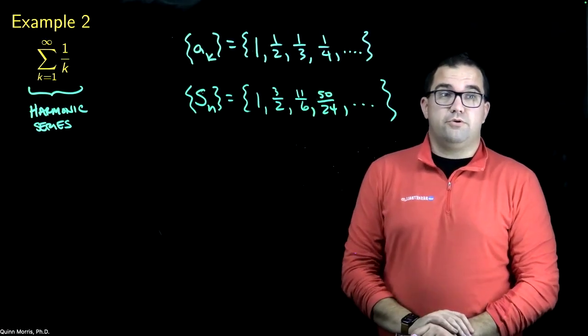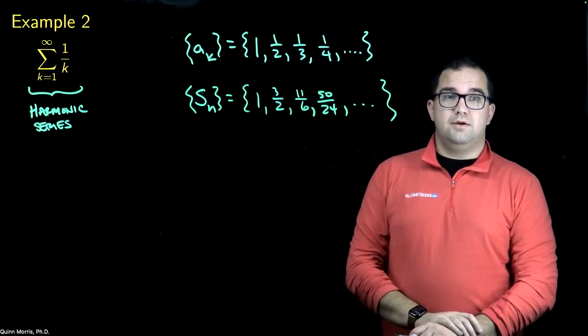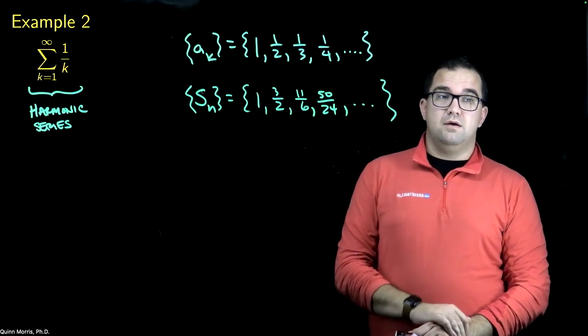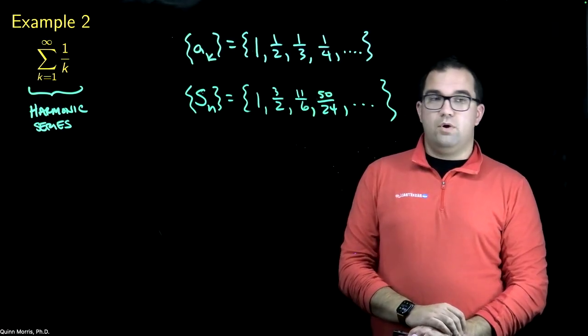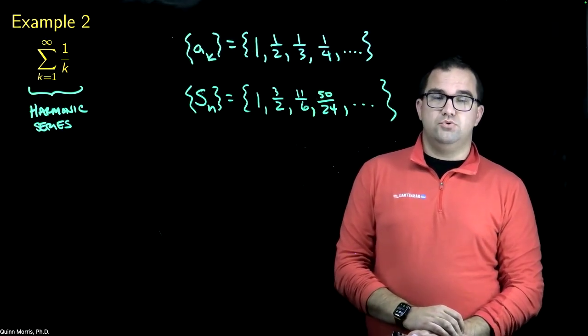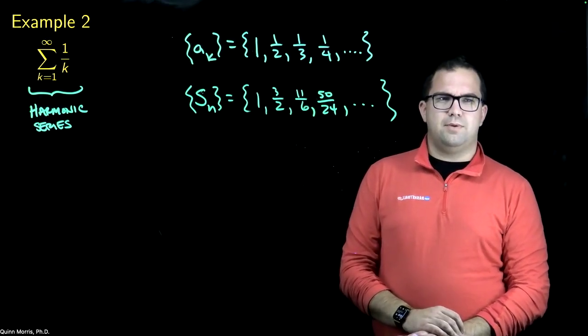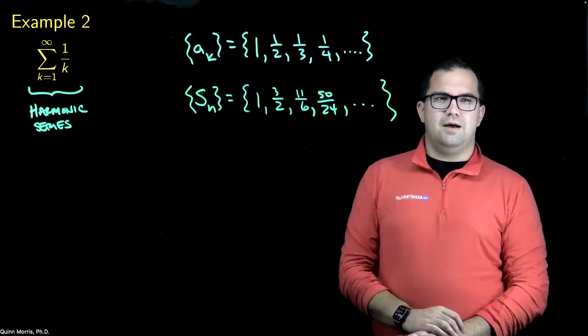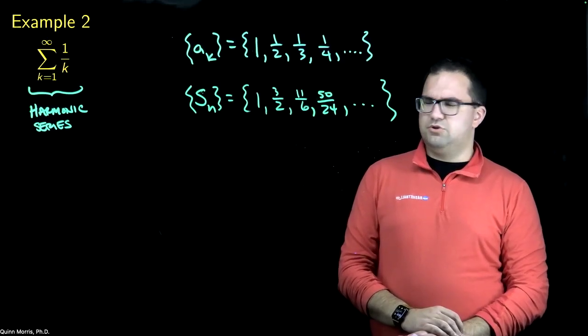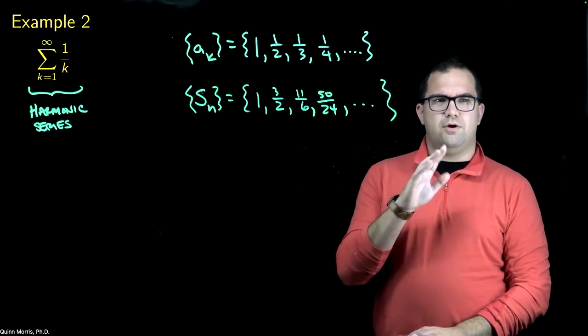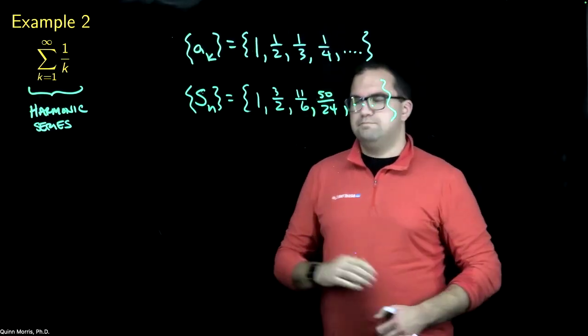I'd encourage you to go to Google and type in proof that the harmonic series diverges. You'll find many, many proofs of this. The one we'll actually look at is due to one of the Bernoullis. If you don't know much about math history, there were several different Bernoullis, two of which were brothers. I think this proof is due to one of the brothers, although I'm not entirely sure.